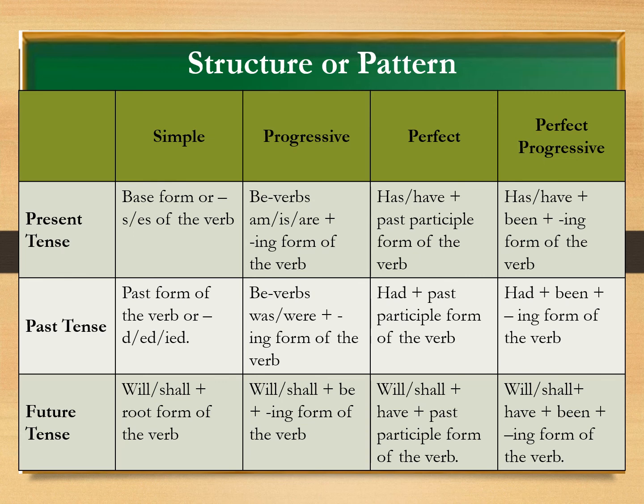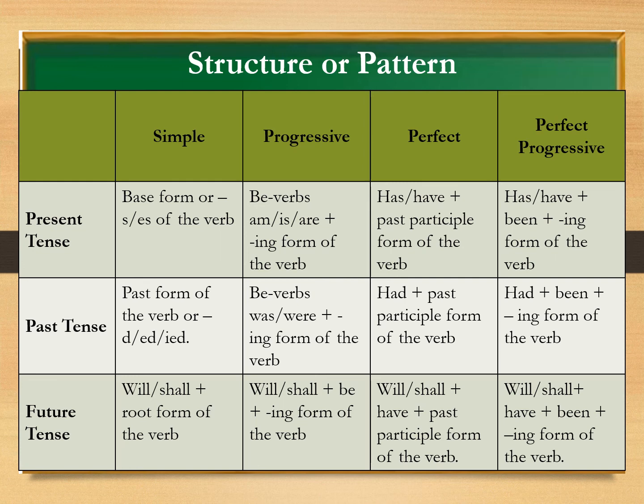And for structure or pattern, for simple present tense, we have the base form or -s or -es of the verb. For present progressive tense, we have the be verbs am, is, are, plus the -ing form of the verb. For the present perfect tense, we have has or have plus the past participle form of the verb.